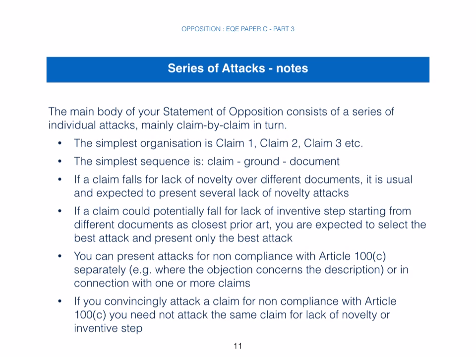Lastly, if you convincingly attack a claim for non-compliance with Article 100C for added subject matter, you need not attack the same claim for lack of novelty or lack of inventive step.